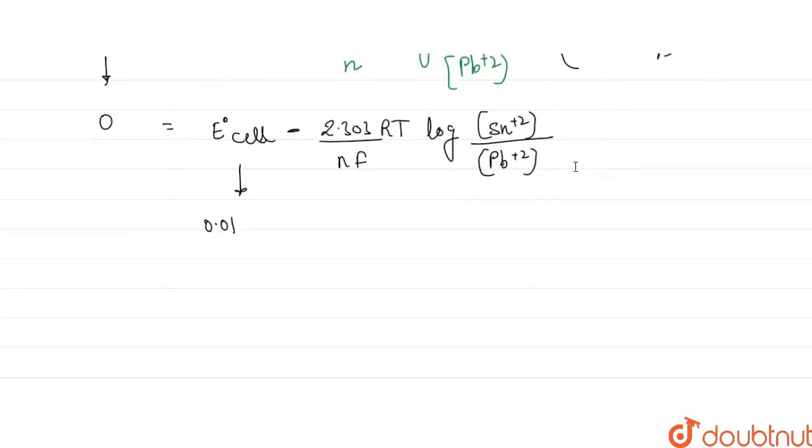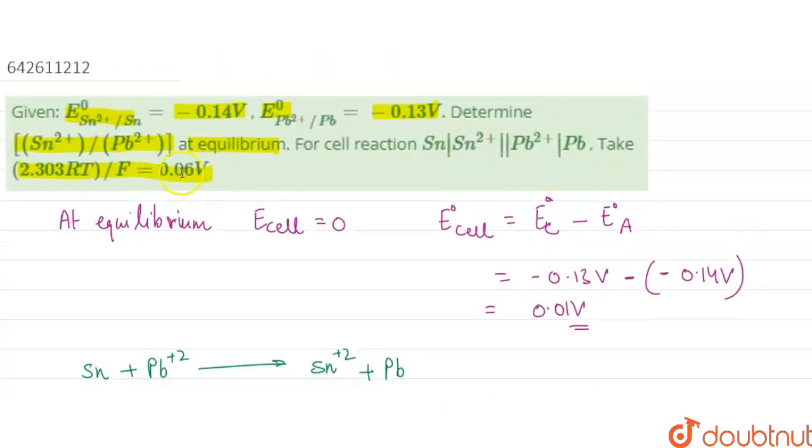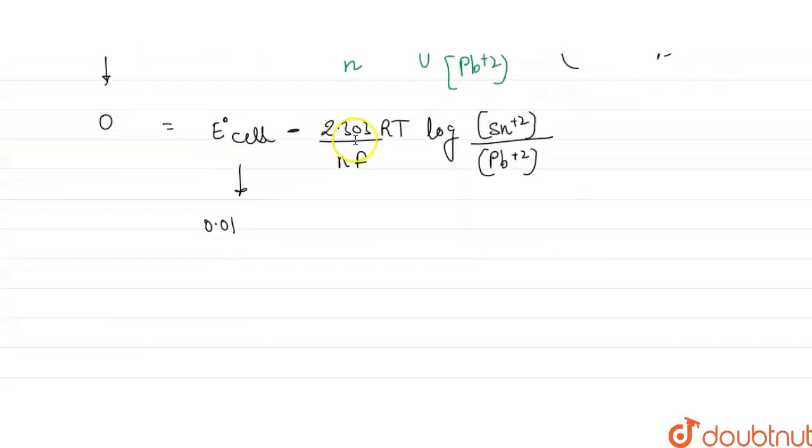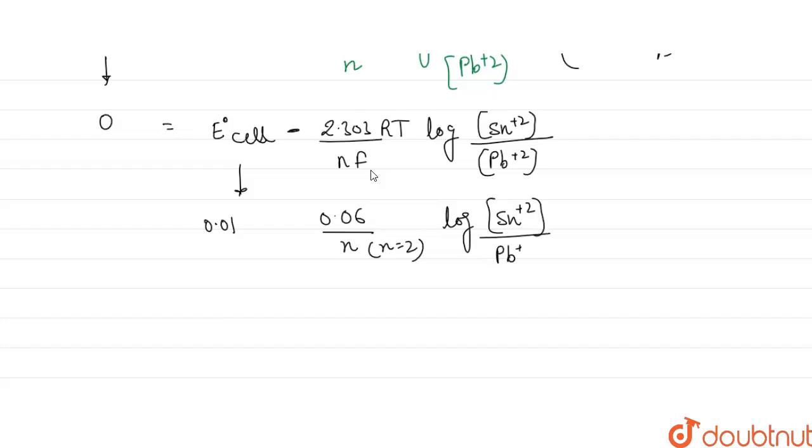And in this question it is saying that take 2.303 RT upon F is equal to 0.06 volt. So let us place all the things here: 0.06 upon n, and the value of n will be 2, and the log of Sn2+ upon Pb2+.